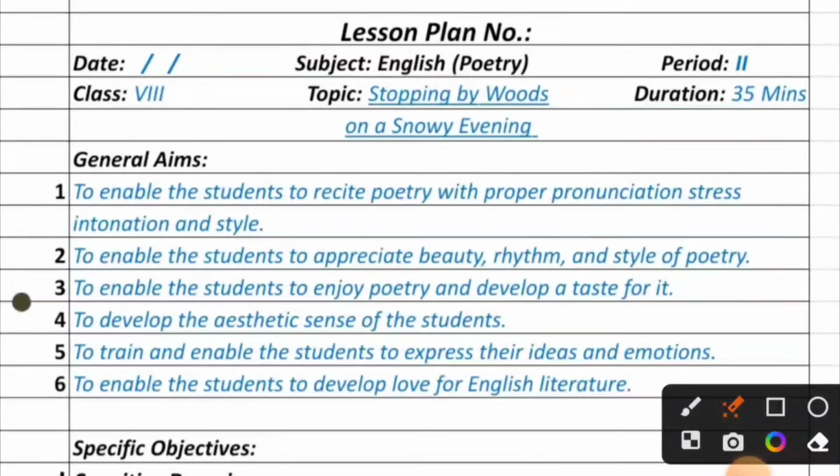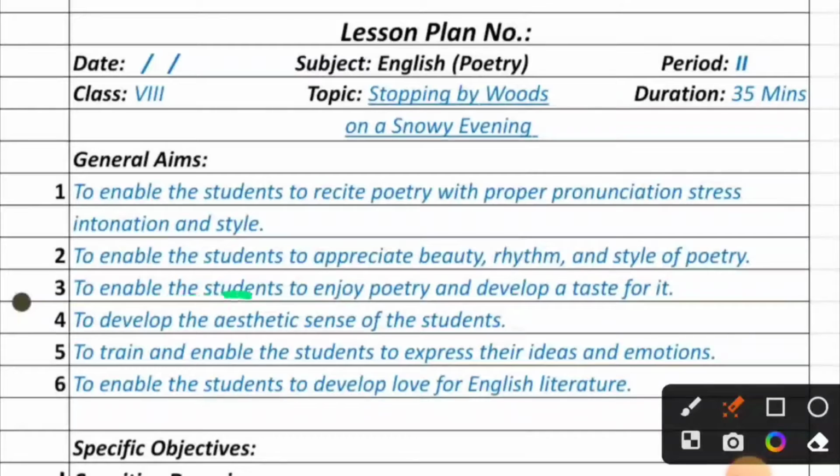General aims for teaching a poem are 1. To enable the students to recite poetry with proper pronunciation, stress, intonation and style. Number 2. To enable the students to appreciate beauty, rhythm and style of poetry. 3.